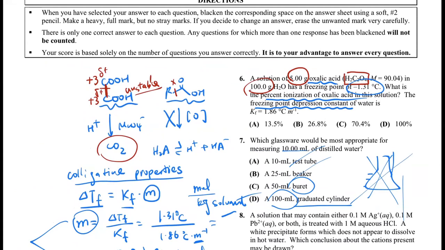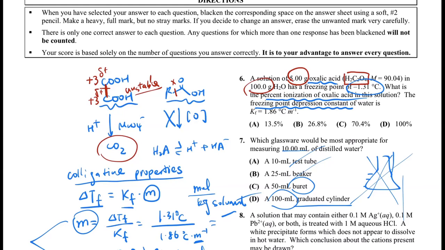You can calculate the molality from the given information, and you're given the constant, so then you can just find the van 't Hoff factor. I did that and I got 1.268, which is B. Is that a valid approach?